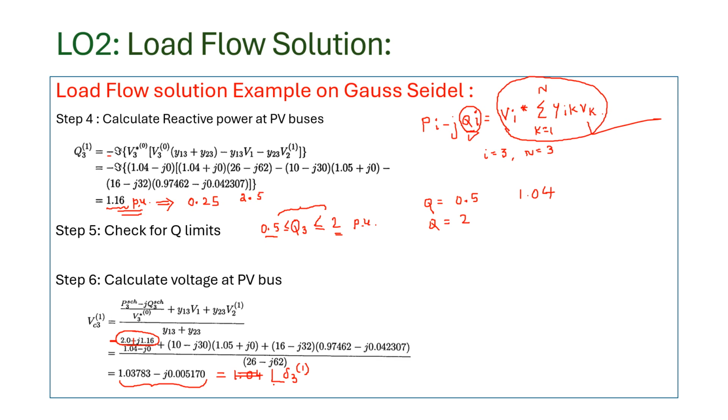Okay. Now after calculating the reactive power and the phase angle at the PV bus, we have to check for convergence.